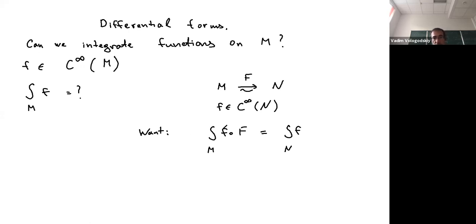Let's think what it means in the case of just a one-dimensional manifold. Imagine that you have an interval a comma b. This is my M, and my N is going to be c comma d, and you have a diffeomorphism from this interval to this interval.